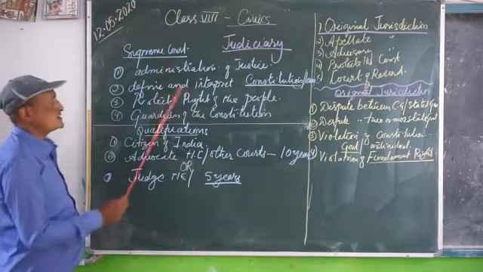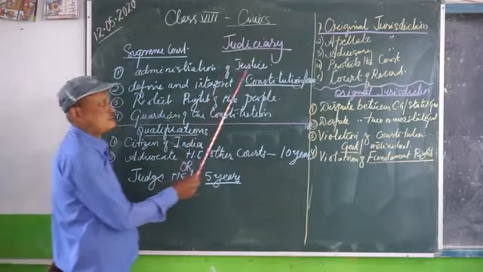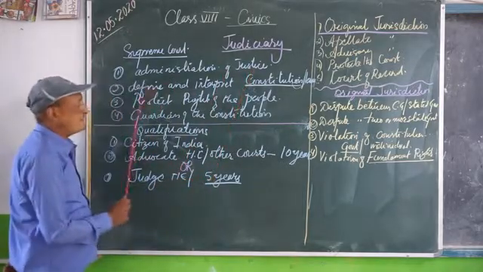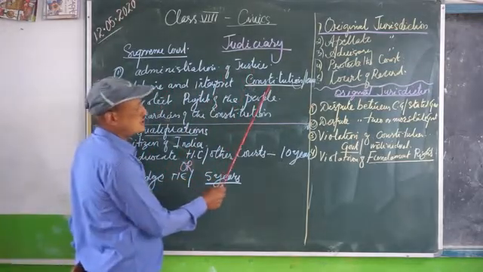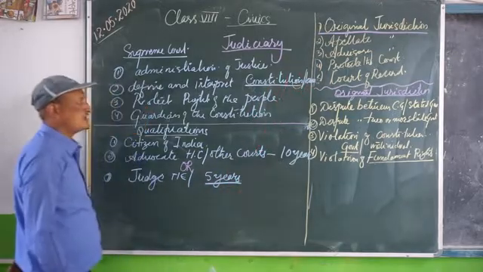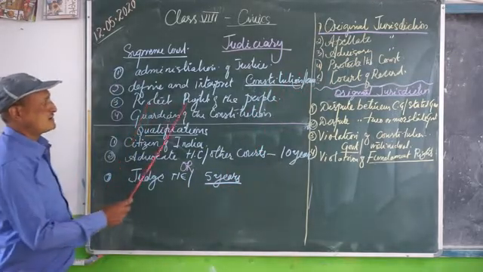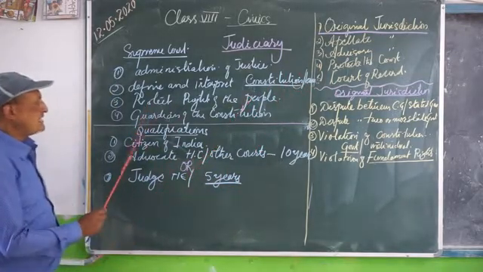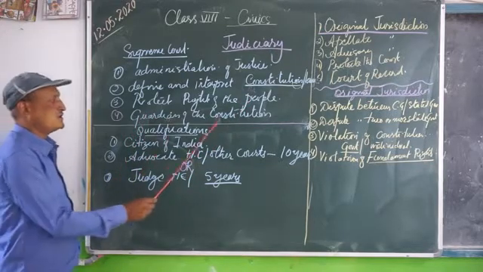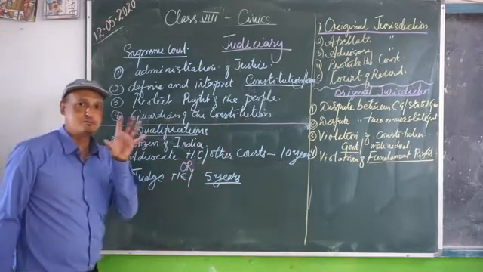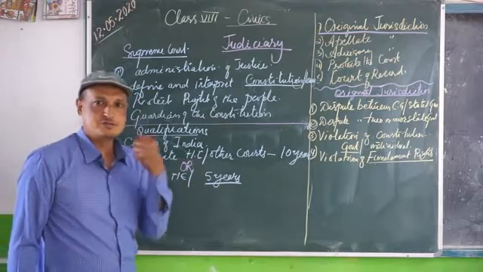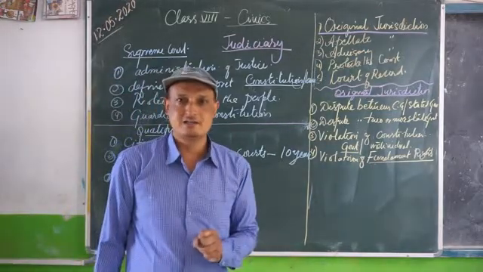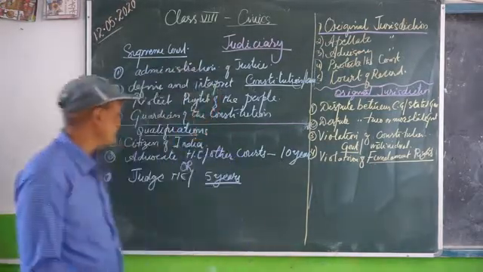The function of a judiciary is administration of justice, to define and interpret the constitution or the laws which are passed by the legislature, protect the rights of the people, and act as a guardian of the constitution. That means to protect the constitution, to see that nobody violates the Indian constitution.